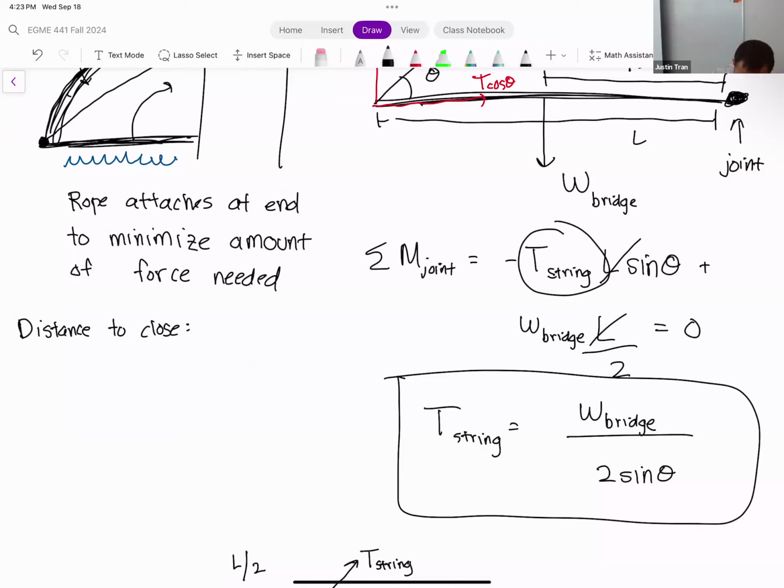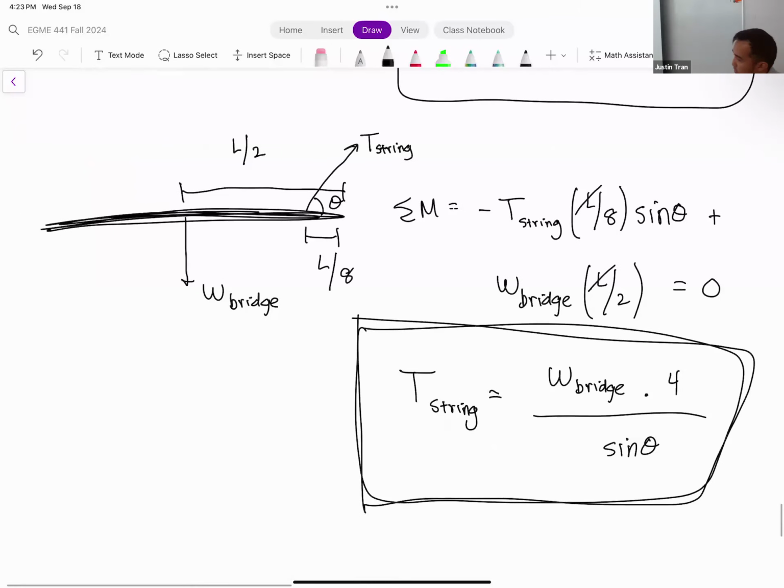The circumference of a circle is 2 pi times the radius, but in this case, the radius of our bridge is L, and a quarter of this would be divided by 4. So that's the amount of distance that the rope has to be pulled in order to fully close the bridge. Let's compare that to the second situation.